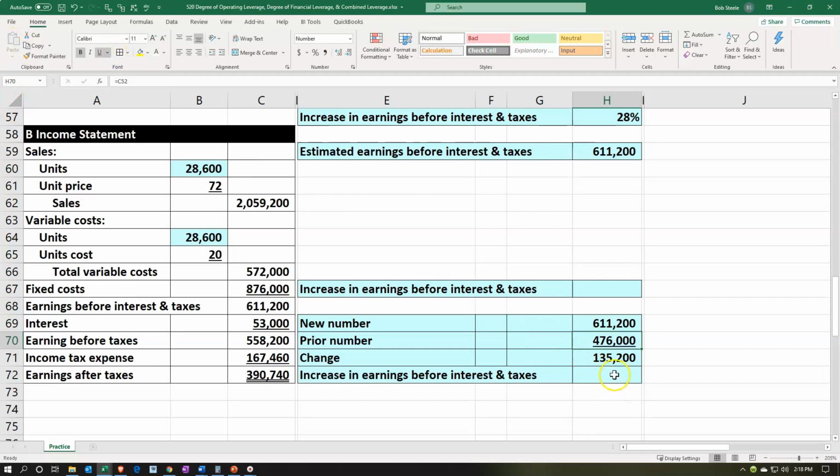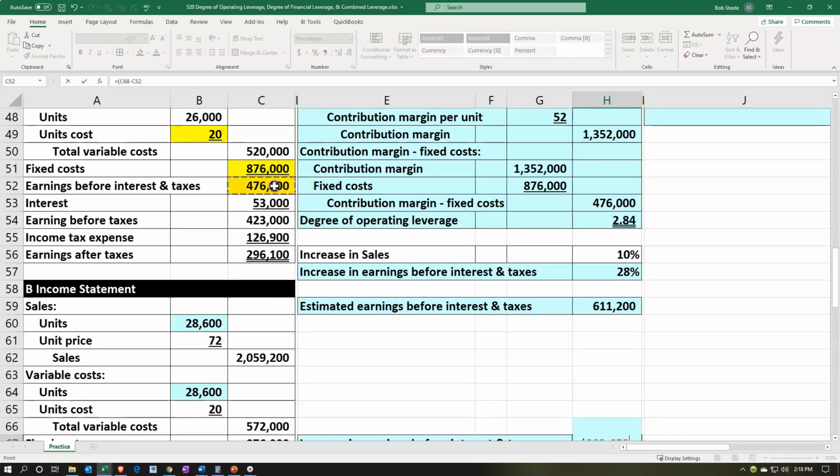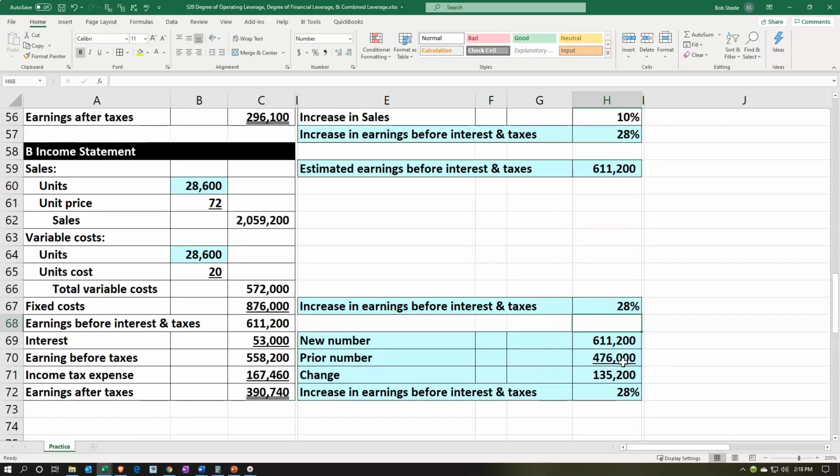And then the increase is going to be equal to the change divided by the prior number. That's how you get a percentage increase. We're going to go to the Home tab, numbers, make that a percent, about 28%. So there's our 28%. If I wanted to do that with just one formula, I'd say this would be equal to the new number minus the prior number, in brackets, divided by the prior number. So we could see that in one formula.